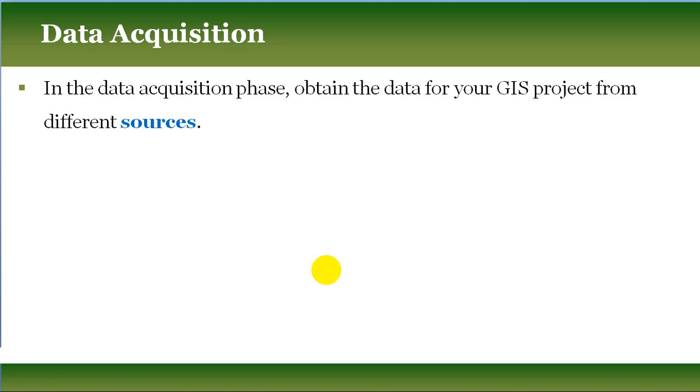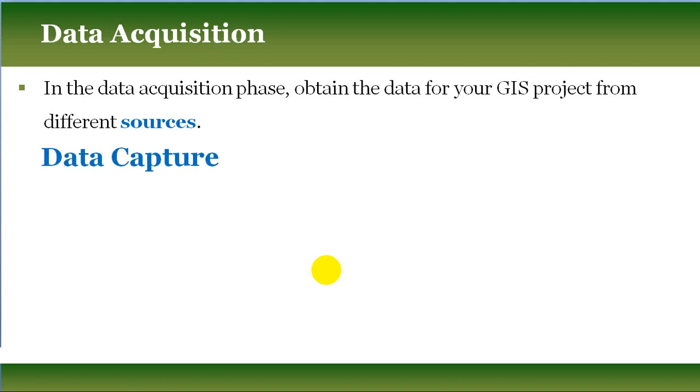As I told you in my earlier lecture on the components of GIS, the data sources include, for example, existing maps, satellite images, aerial photographs, or even survey data and census data. All are different types of GIS data sources. So for your GIS project you have to capture such geographical data from this variety of sources.